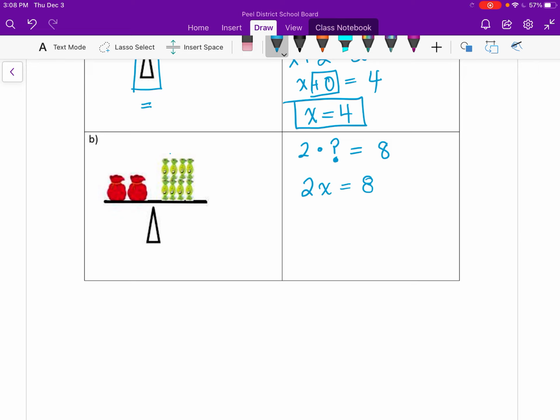If I have 2 times x, I'm just going to divide that by 2, and I'm going to divide this by 2, so the opposite operation. I'm going to get x equals 4. Okay? Because whatever I do to this side, I have to do to this side. If I'm going to take off this candy bag, I have to take off 4 of those from that side as well.